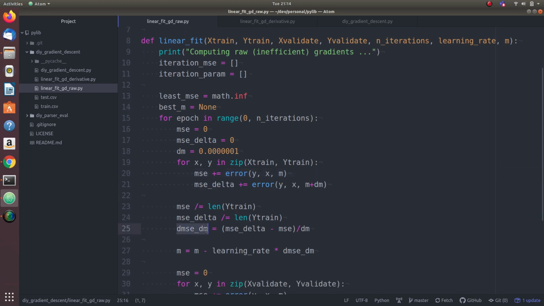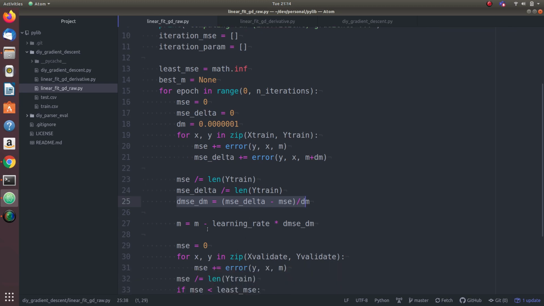Then we look at the ratio, the difference between the mean square error at m plus delta m and at m, divided by delta m, and this is nothing but the derivative. So in a brute force manner, we have looked at the derivative, and then we change m such that we go in the opposite direction of the gradient.